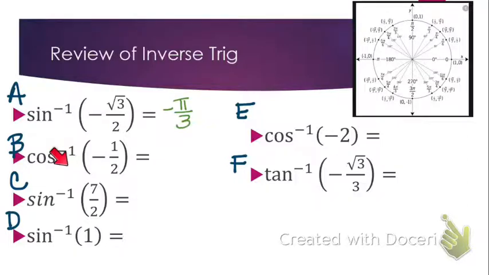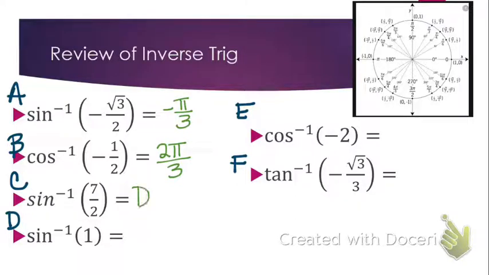Where is cosine negative 1/2? So remember for cosine, I'm looking in quadrants 1 and 2. So cosine negative 1/2, that would be 2 pi over 3. Where is sine 7 over 2? Does that exist?